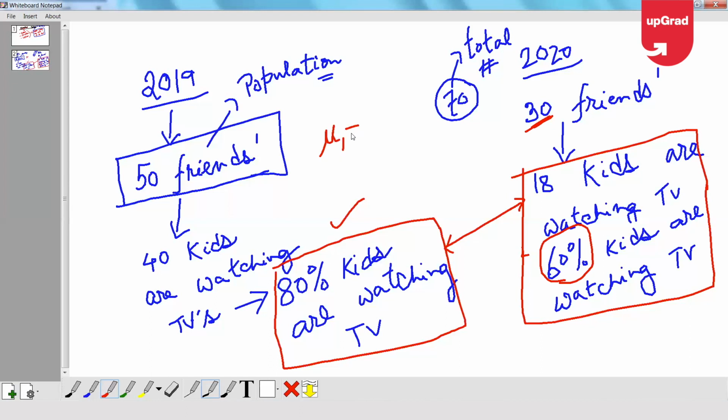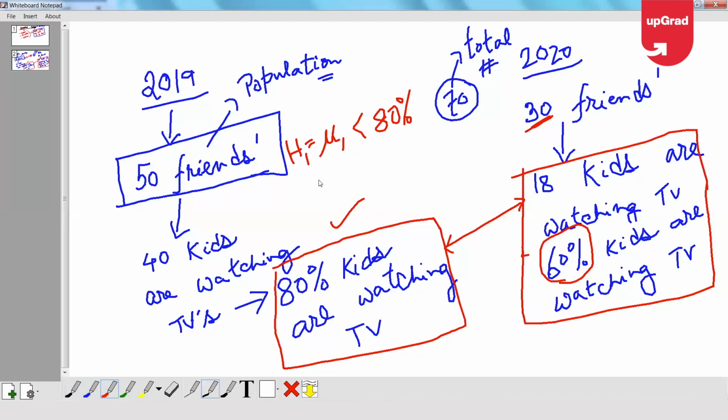So let's try to represent this mathematically. Mu1 greater than 80%.